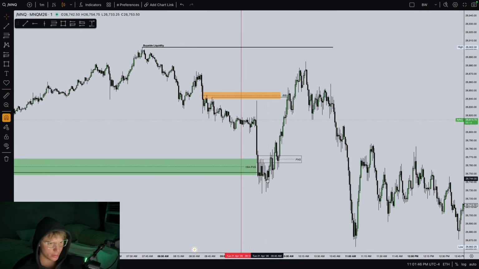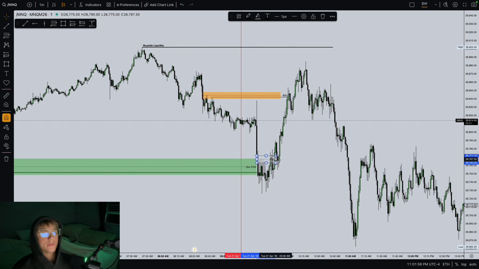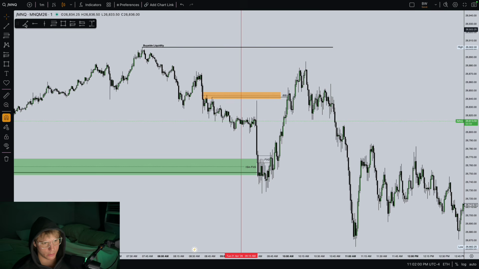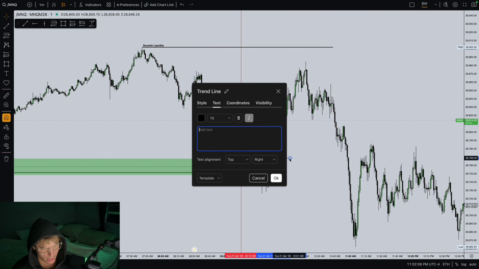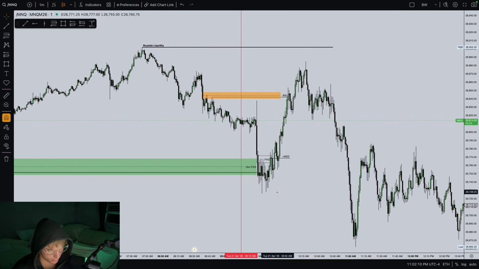We fill in the entire opening range gap, which means we can be bullish now. And this first presented fair value gap then turns into an inverse fair value gap. So we can leave it like that so the rest can be pretty easy to see. Our market structure shift is going to be right here.